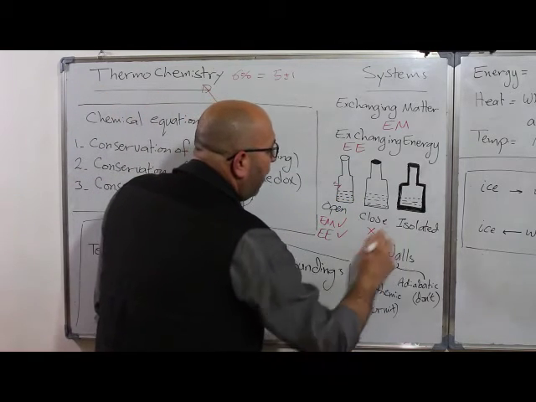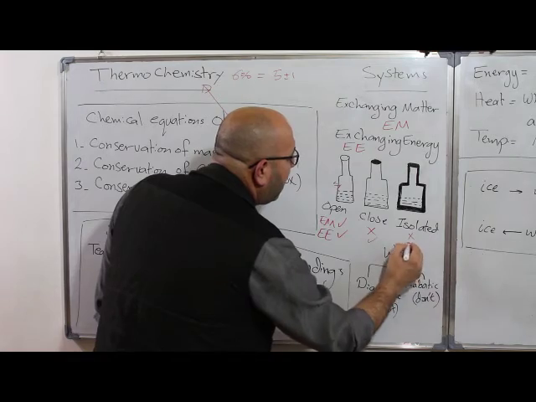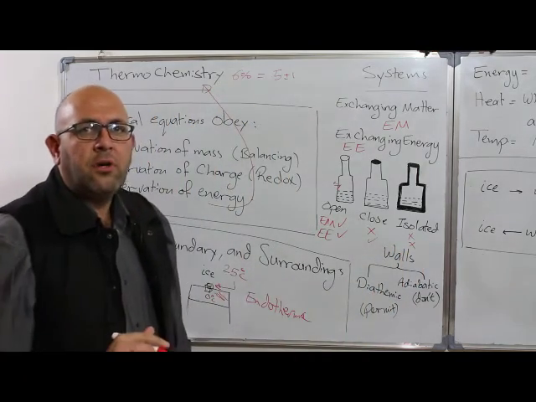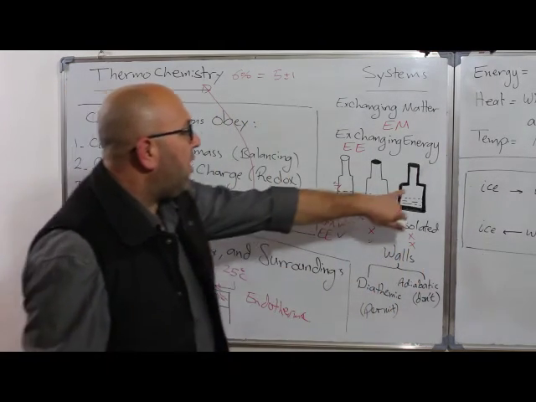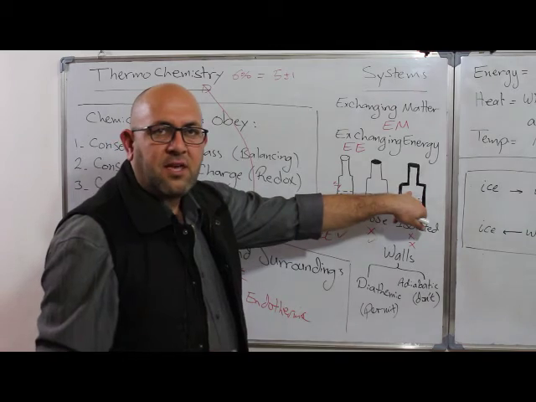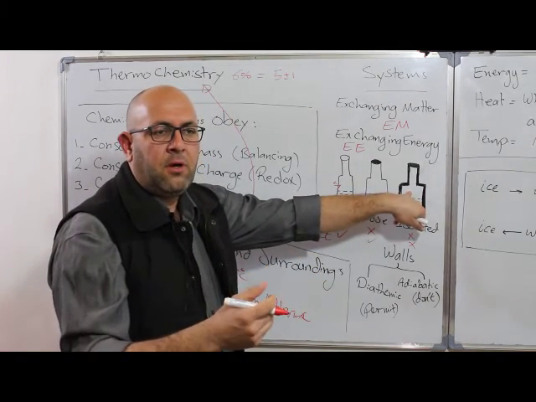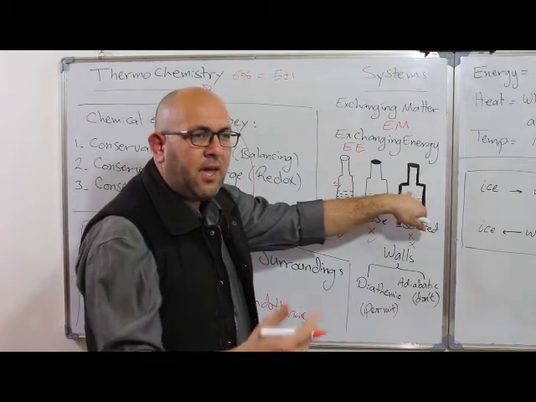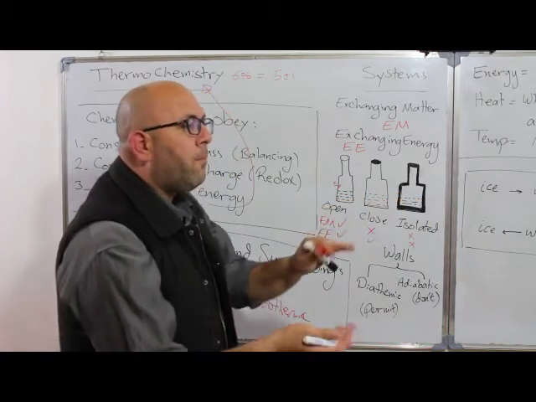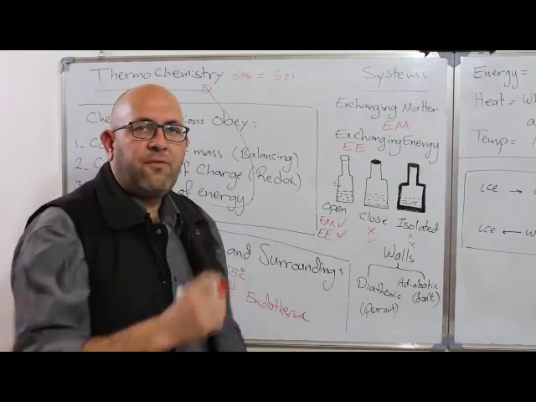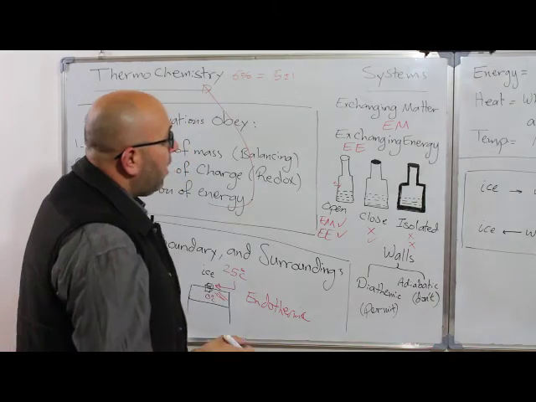In an isolated system, both materials and energy are not allowed to be exchanged, like our flask, the cups that we use when we prepare Nescafe or coffee or something like that, to protect the heat of our drinks.